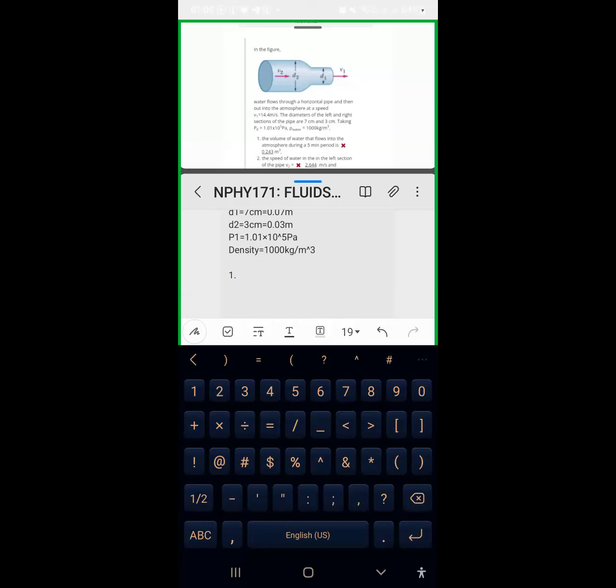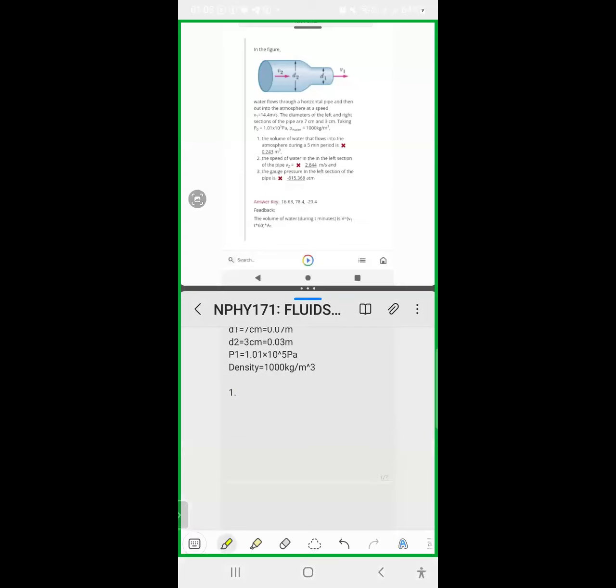The interpretation of the question is very important in fluid mechanics, since it is very broad. So in this question, they are simply asking you to calculate the volume flow rate, but now they want it specifically for a 5 minutes period.